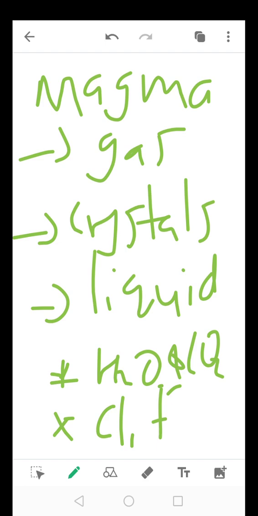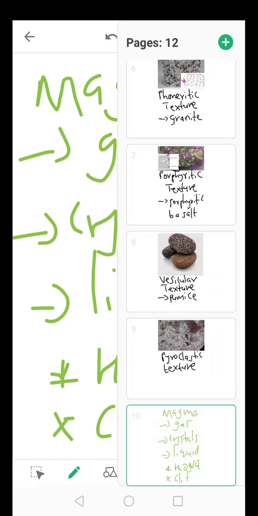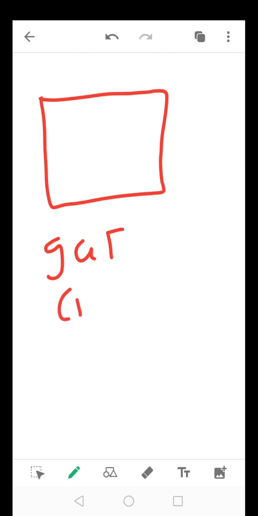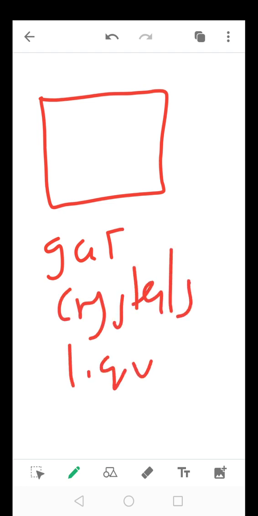So if I were to draw this diagram, like the diagram you've seen before, the aphanitic. Assume that within the box there is a magma. That is to say, a mixture of gas, a mixture of crystals, and a mixture of liquid.